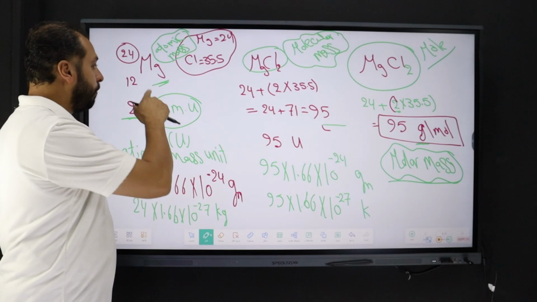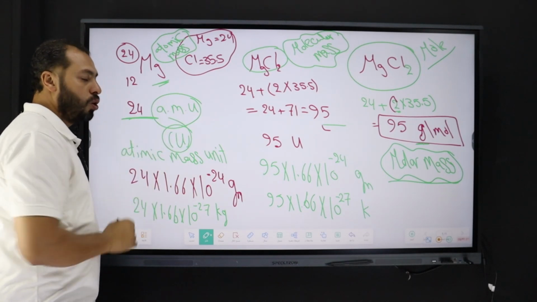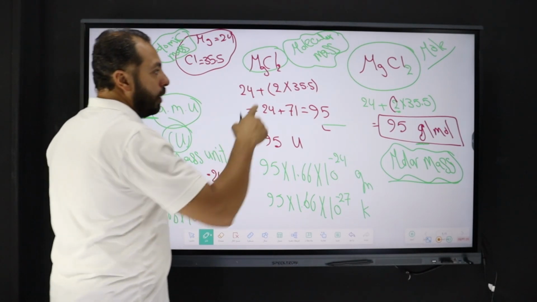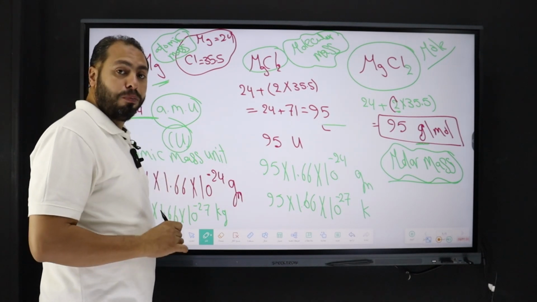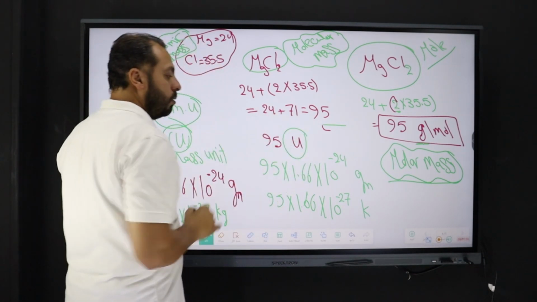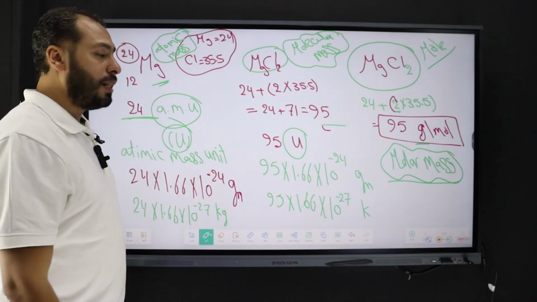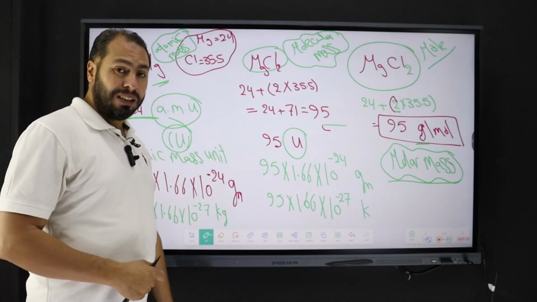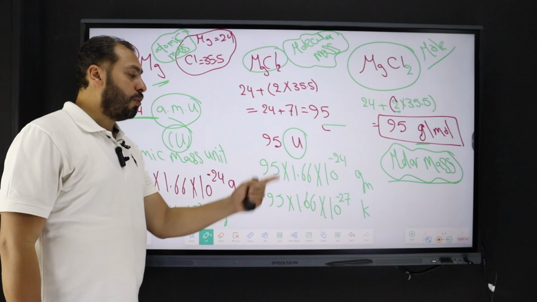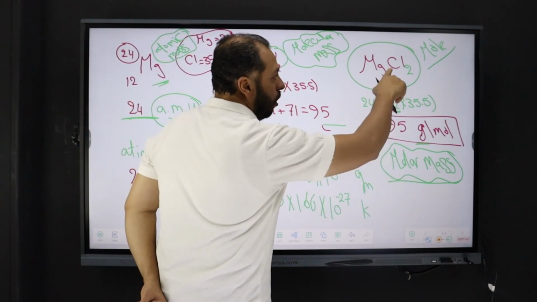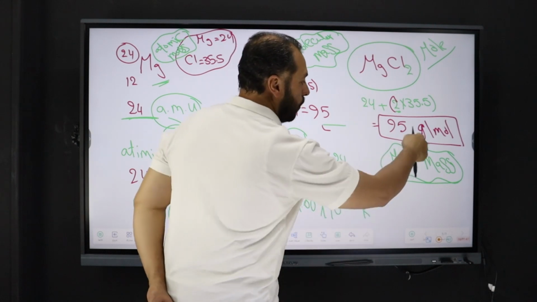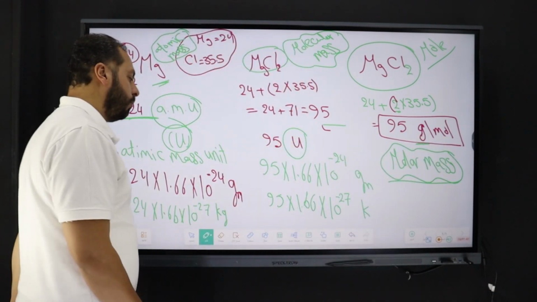The measuring unit of atomic mass is U, or atomic mass unit. And what about the measuring unit of molecular mass? It is U also. So if we have only 1 atom or only 1 molecule, and this is impossible, its measuring unit is U. And the measuring unit of 1 mole is gram per mole.